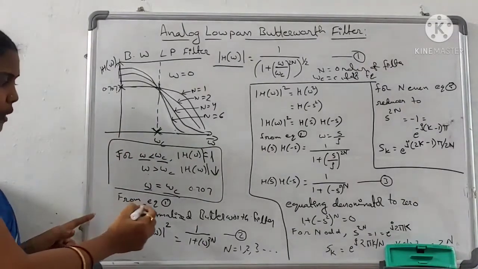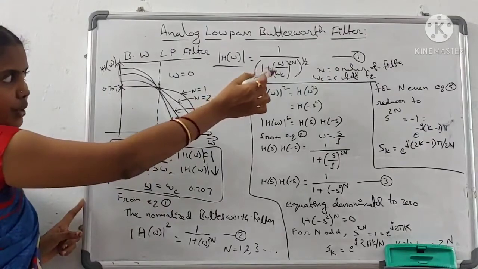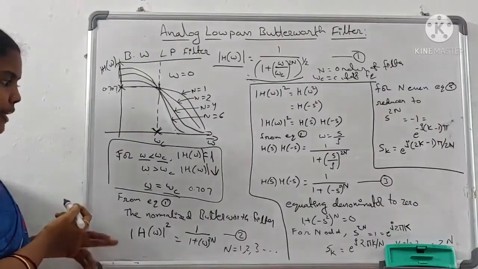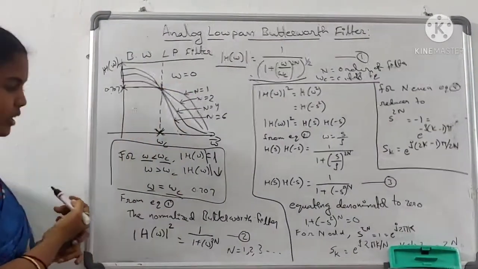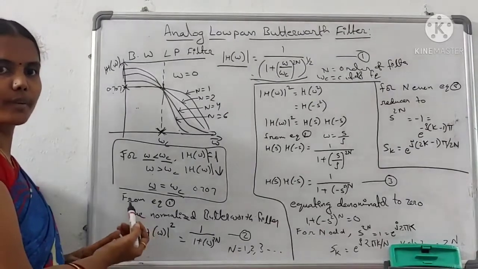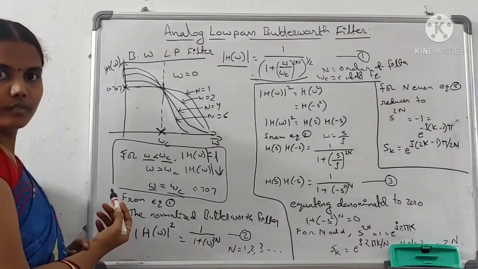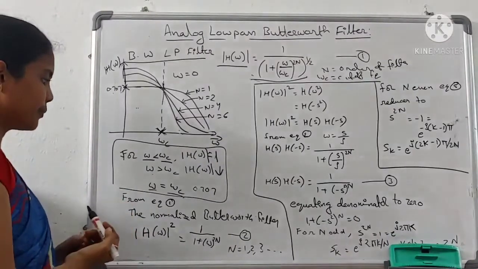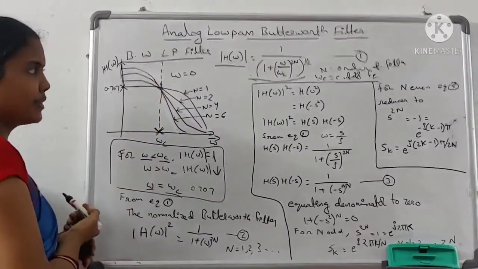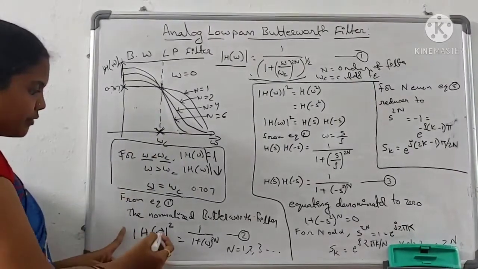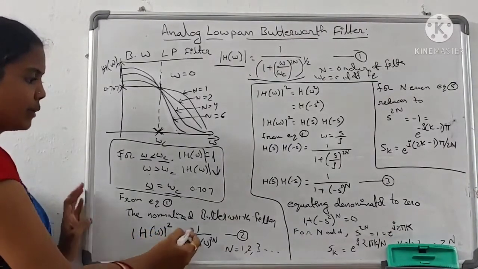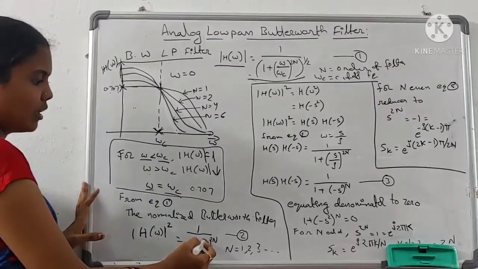Now considering this equation as equation 1, for the normalized Butterworth filter, if you take omega c equal to 1, then |H(omega)| whole square is equal to 1 by 1 plus omega whole power 2n.